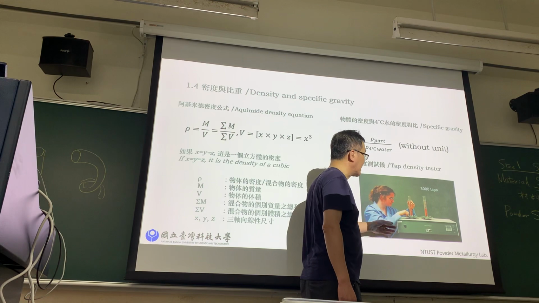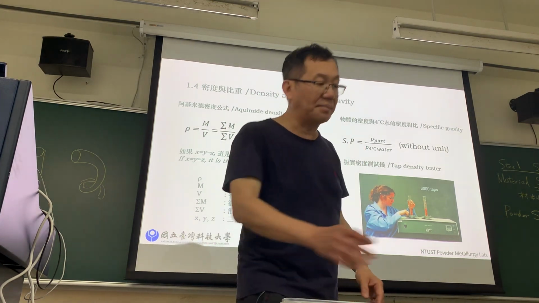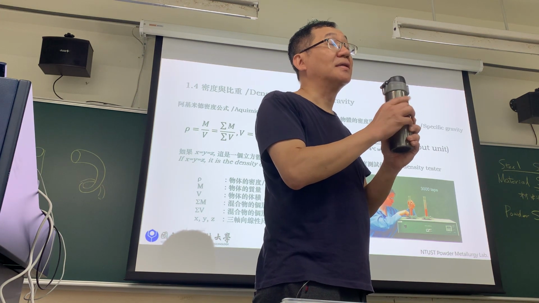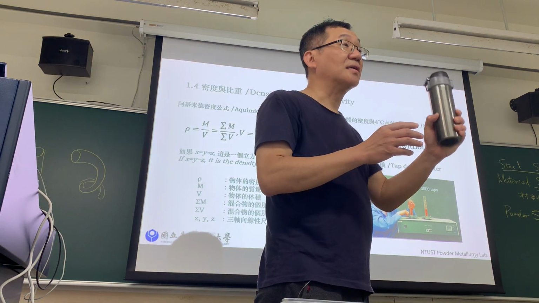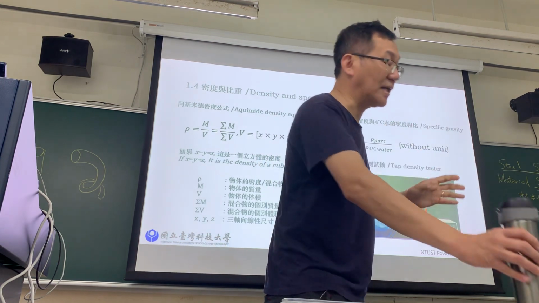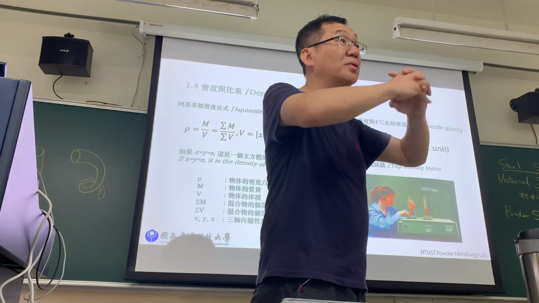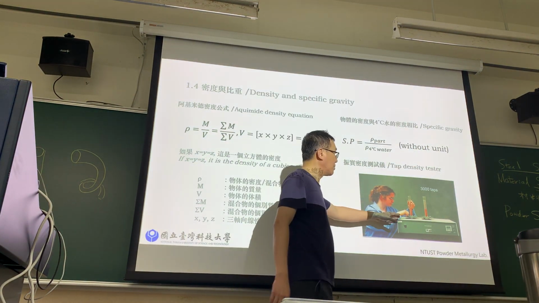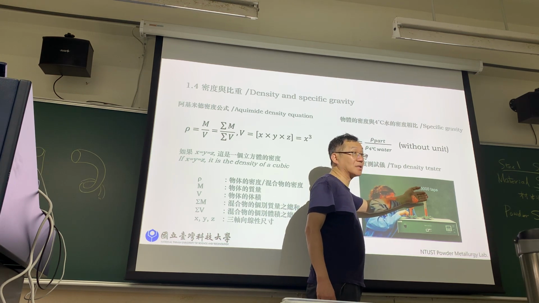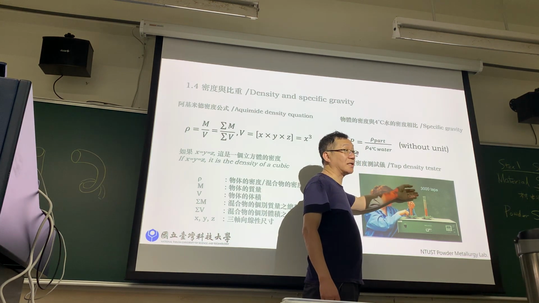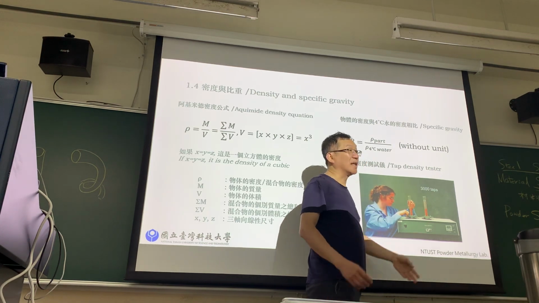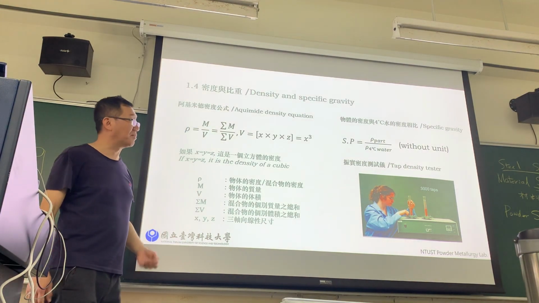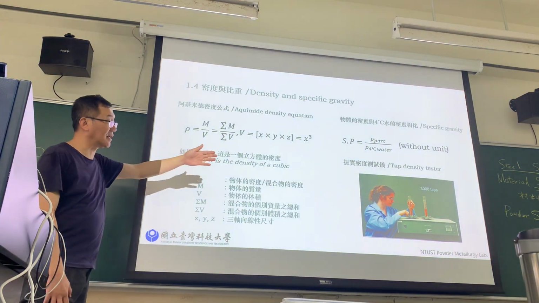Then this machine is for tapping density. What is tapping density? We put powder inside, and the powder has so many spaces. So we shake it, tapping, and the powder will stay together with higher density. We use this test with, for example, 3,000 taps or 10,000 taps, and then we get this number. This is the tap density.